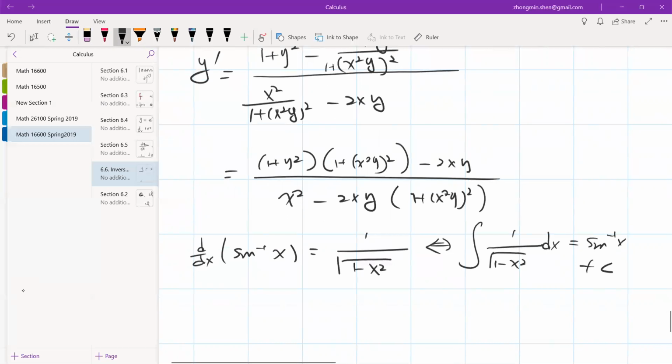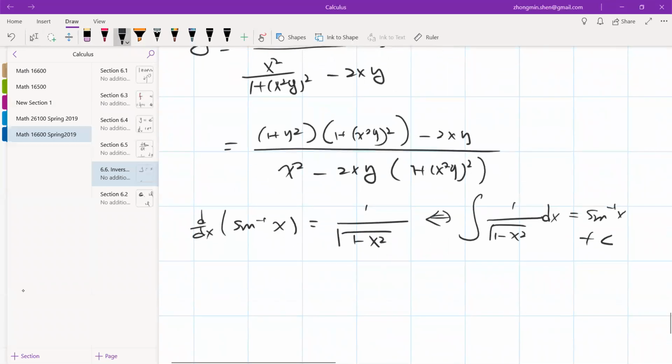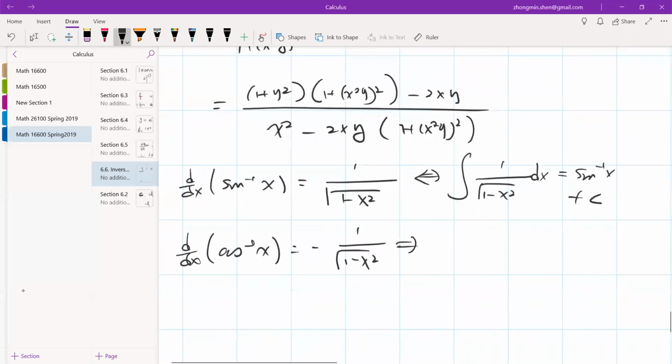And similarly, I don't want to use cosine because the only difference is just a negative sign.